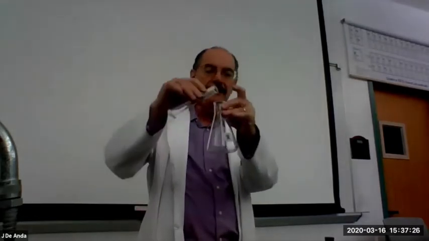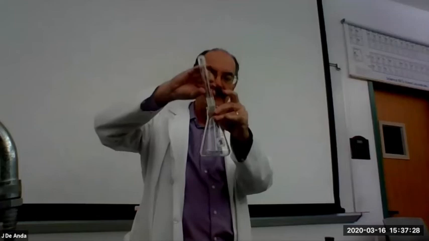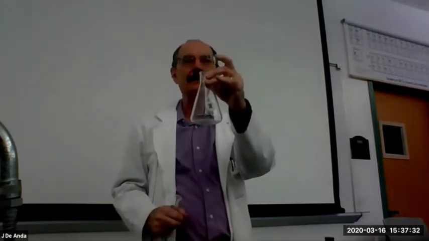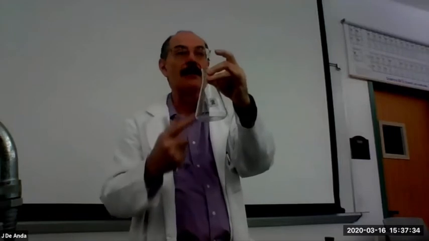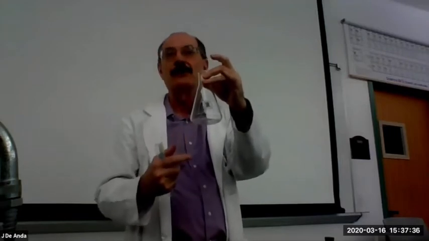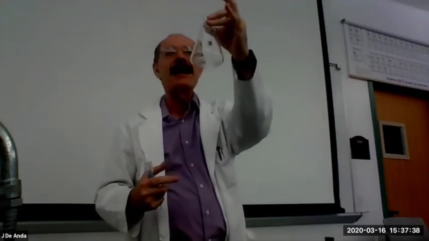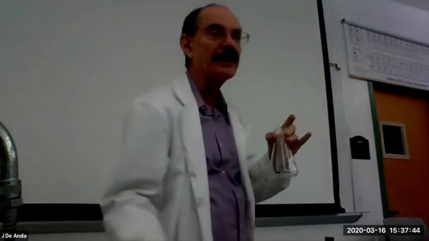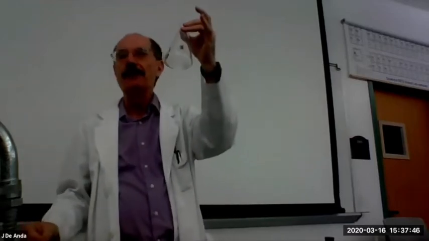So I'm going to zero it on the balance, and then pour this in, and then record the mass that's in there. Notice that because I zeroed out the flask, the mass I'm recording is exactly the mass of KHP that's in the flask.